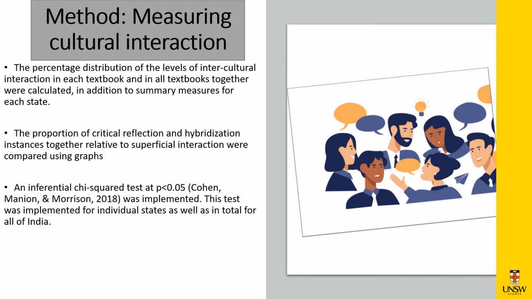This was to test if desirable forms of cultural material, for example, the critical reflection or hybridization, were present in significant proportion, hence the need of a statistical test.